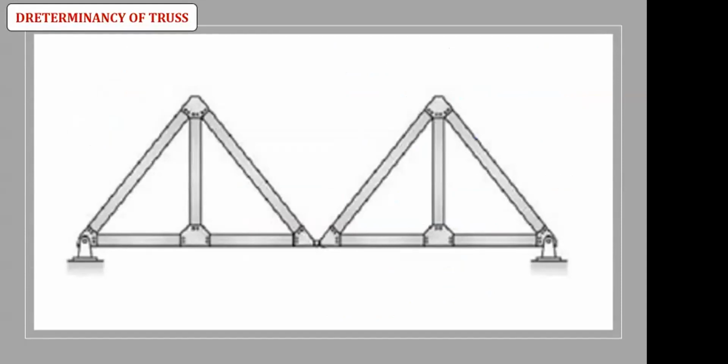Just take rough diagram. Just go through your fundamental basics. First we calculate its type of support reaction, number of members, number of joints. Then you can apply the simple multiplication and addition.